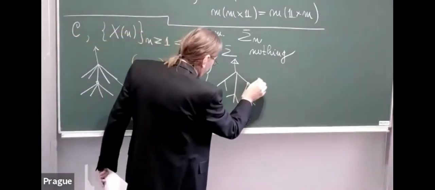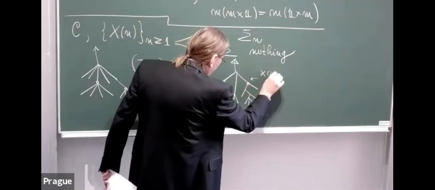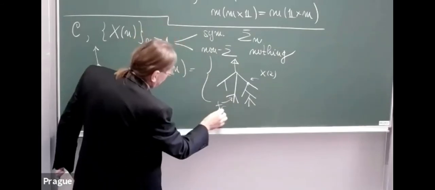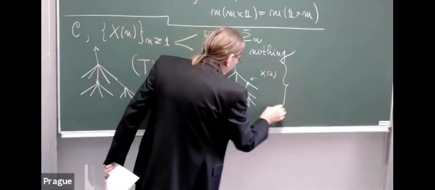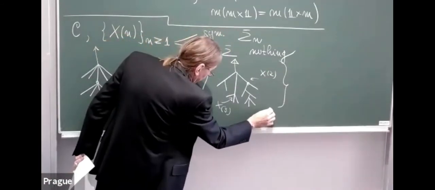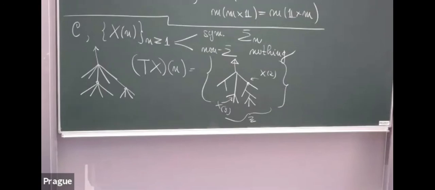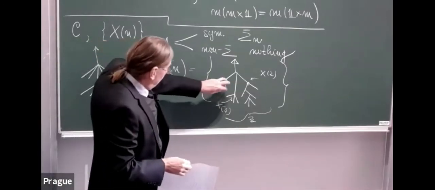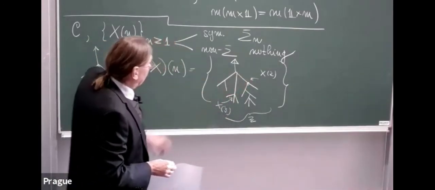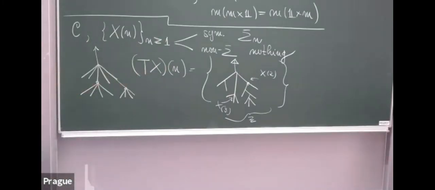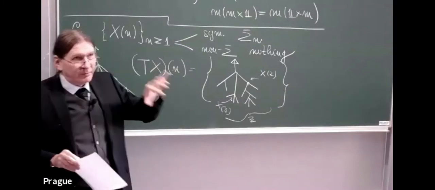So this vertex is decorated by something from X2, this one by something from X3. And what is this n? This n is the number of incoming edges. So this is how a triple of rooted trees looks. T squared then consists of rooted trees whose vertices are decorated by decorated rooted trees. And mu, the multiplication, is the functor that forgets the nesting.